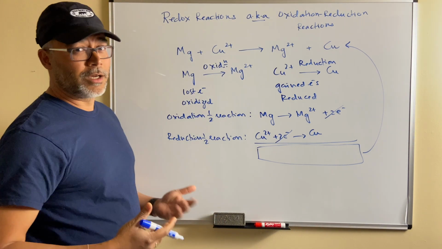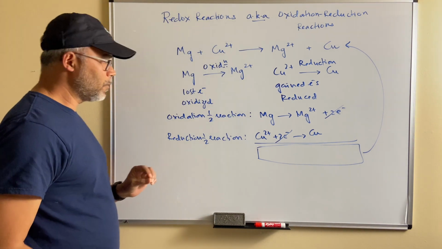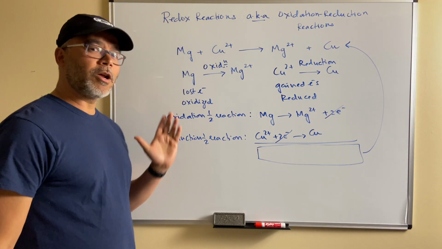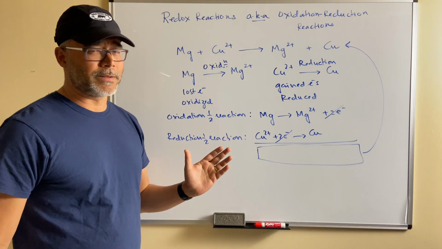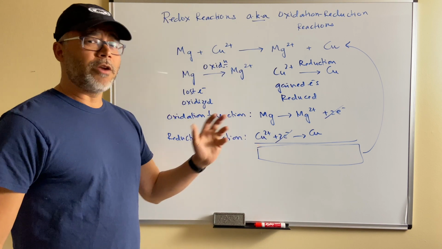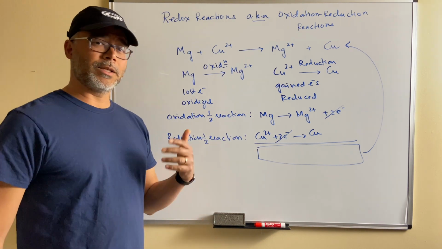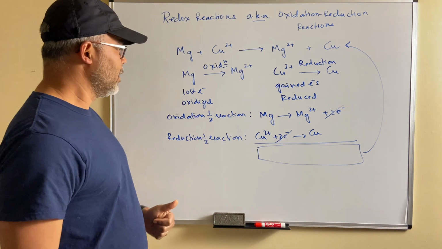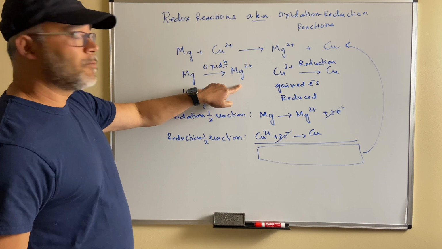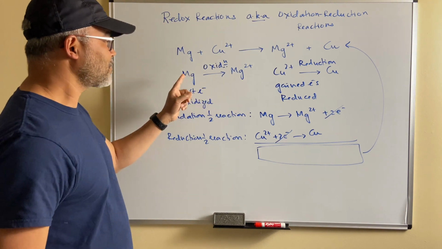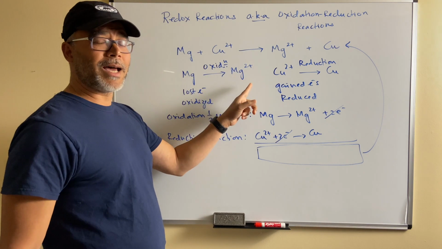Now the other piece that we want to talk about is that anytime an oxidation takes place, a reduction will also take place. And when the oxidation and reduction take place, we have to identify what's the oxidizing agent and what is the reducing agent. In this case, when the magnesium gets oxidized to magnesium 2+, someone has to help the magnesium get oxidized.